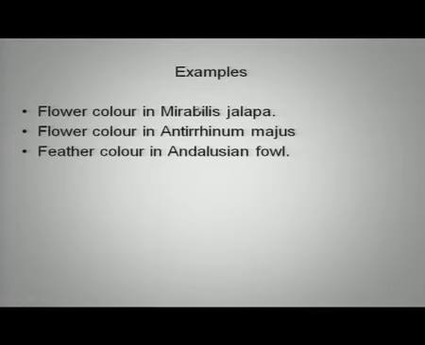For example, we can see this phenomenon in Mirabilis jalapa or 4 o'clock plant, and in Antirrhinum majus, dog flower. The same we can observe in the feather color of Andalusian fowls.